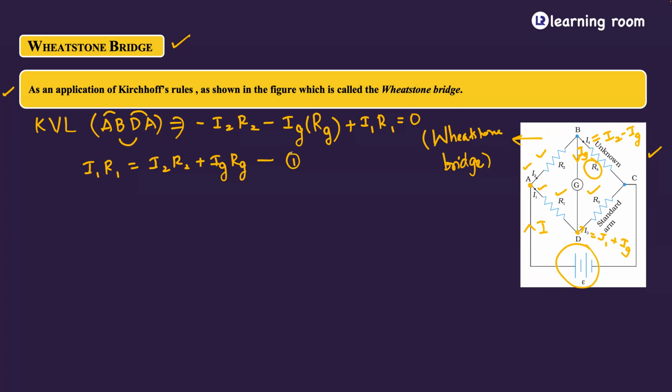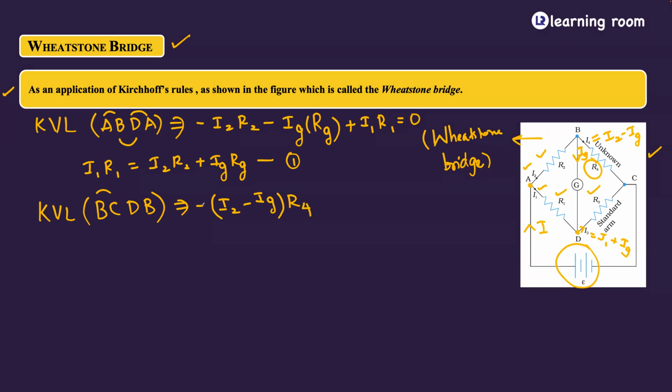The next thing is, if I apply KVL for the loop BCDB, when I go from B to C, it is going to be I2 minus IG, instead of I4, multiplied with R4, and there is a minus sign.